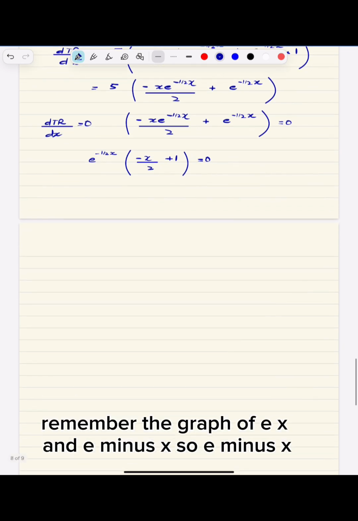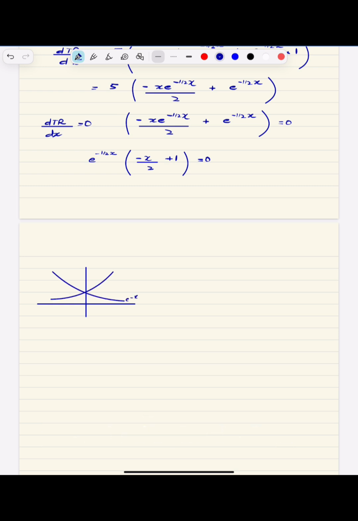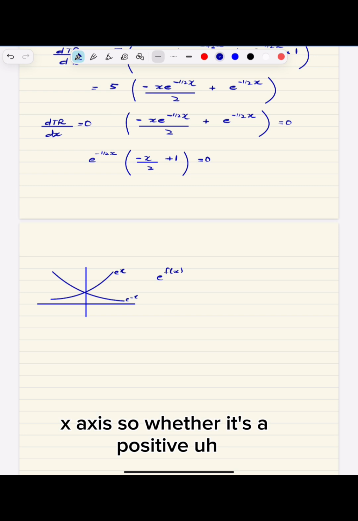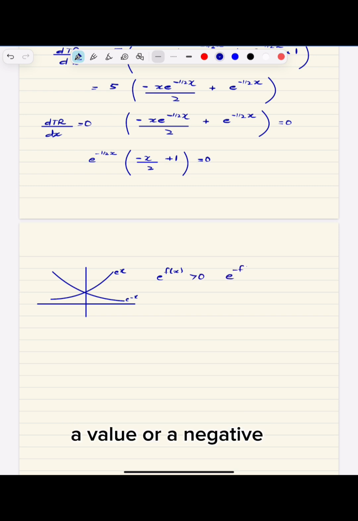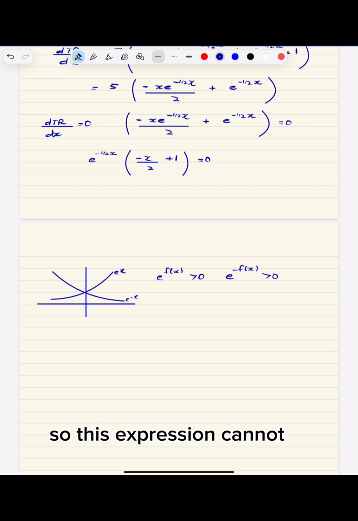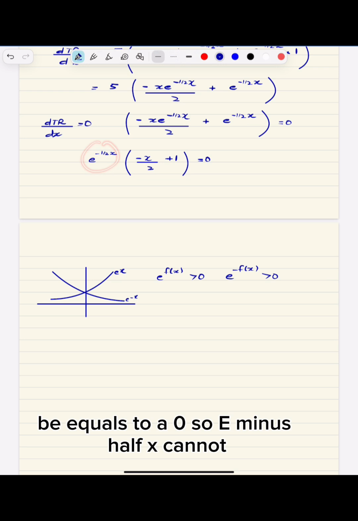Remember the graph of e^x and e^(-x). They lie everywhere above the x-axis. So whether it's a positive or a negative power, it's always going to be greater than 0. So this expression cannot be equal to 0. So e to the minus half x cannot be equal to 0.